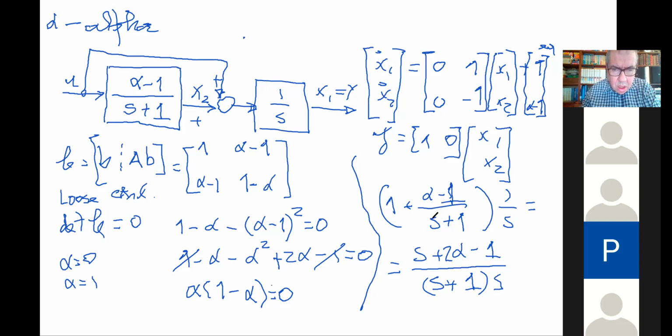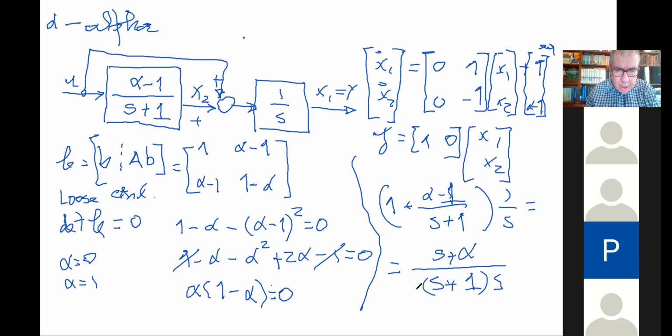Yes, the last equation. Here, s plus 1. The 1 cancels and stays only s plus alpha. So s plus 1 minus 1, s plus alpha. Right? Now I think it's correct. Okay?